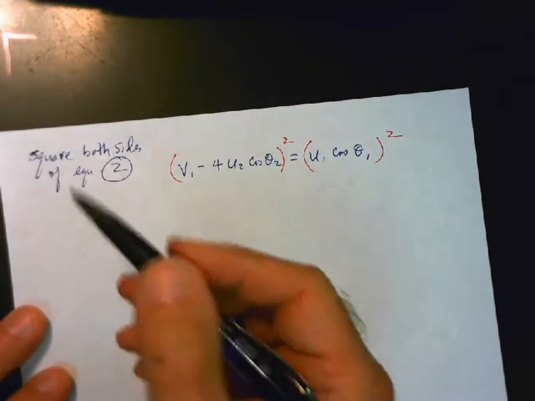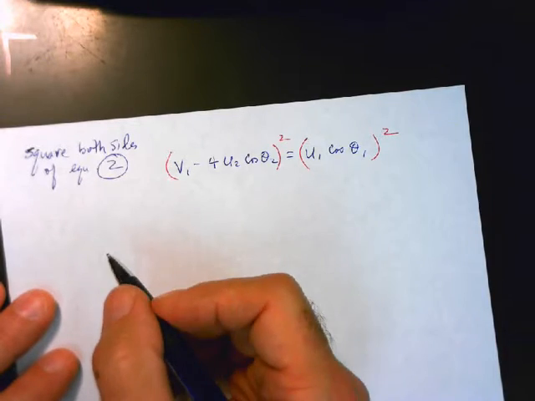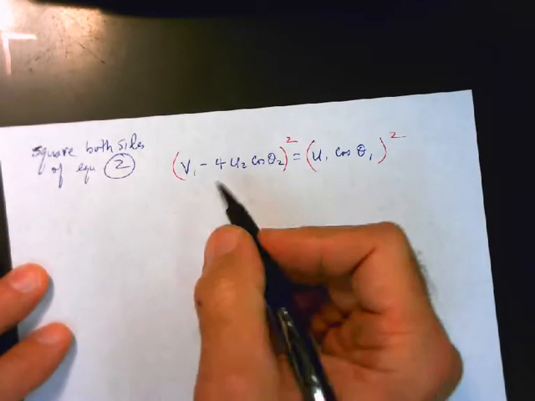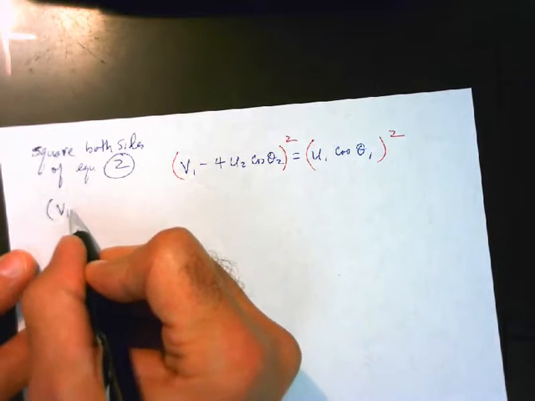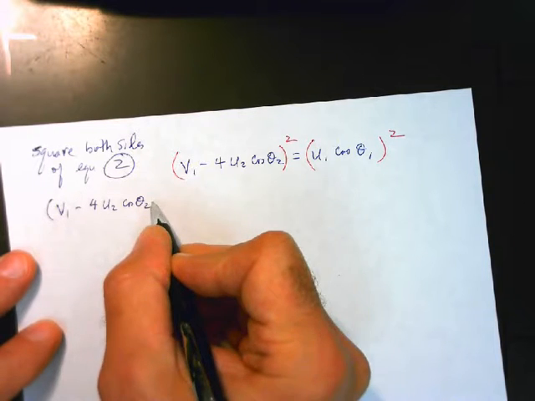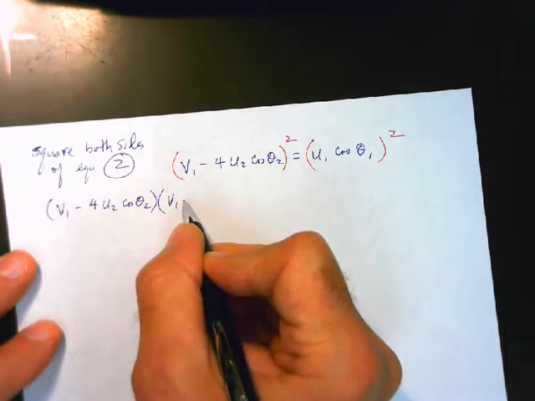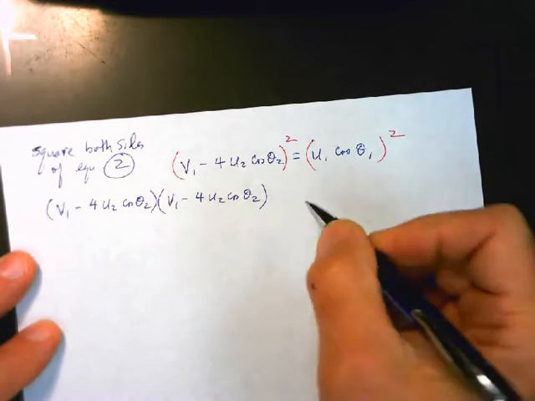When we do that, and I know you guys know how to FOIL and square and so forth, we end up getting, so I'll just do this first one. I'll expand this out: V1 minus 4U2 cosine theta 2 times V1 minus 4U2 cosine theta 2.